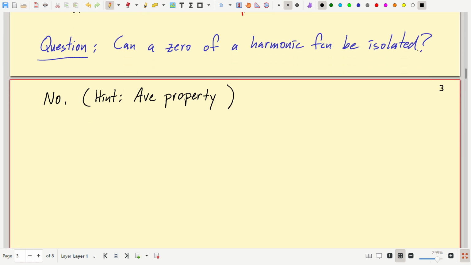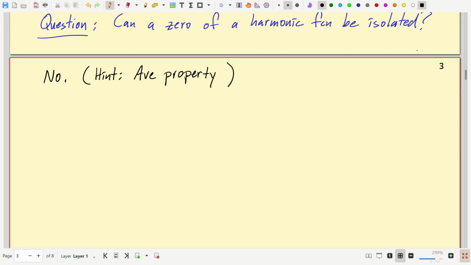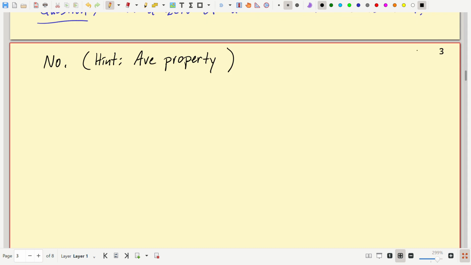I might have some extra time today, so why don't I show you this thing? We know harmonic functions satisfy the averaging property. Let's see why.